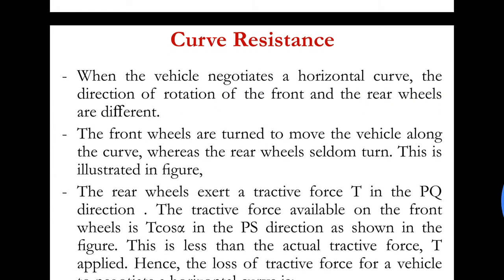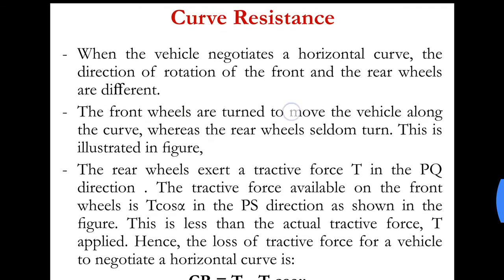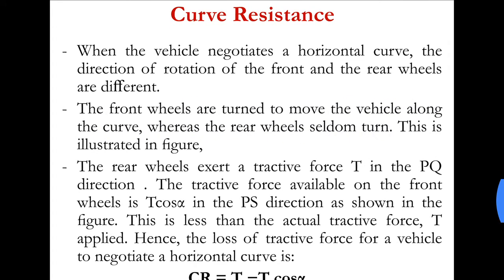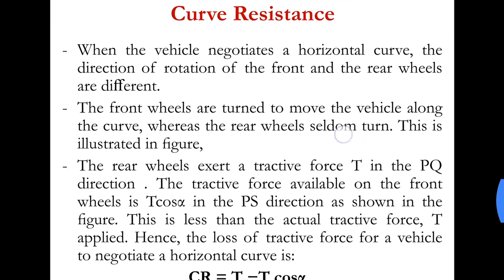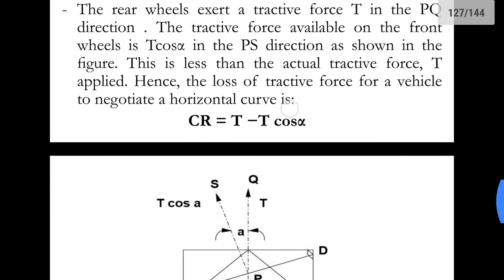I've explained this while explaining the extra widening part, that the paths would be different and the rotation also would be different for the front wheels or front axle and the rear wheels or the rear axle. The front wheels are turned to move the vehicle along the curve, whereas the rear wheels seldom turn. They rarely turn.